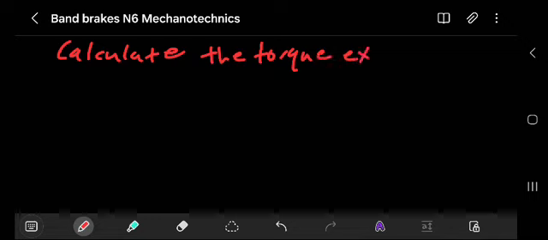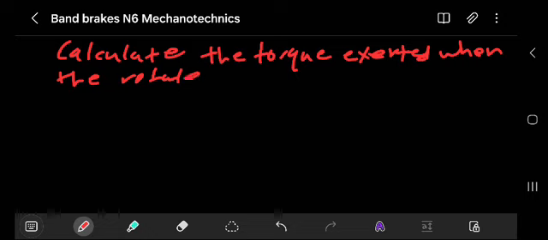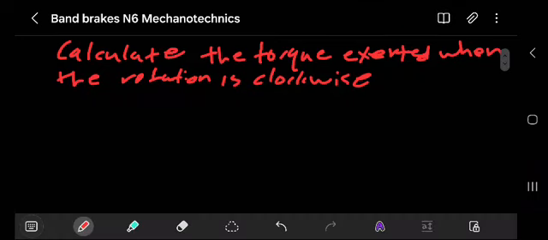Let's say we calculate the torque exerted when the rotation is clockwise. Where is clockwise? Like this. If you've given, you can say here we have.